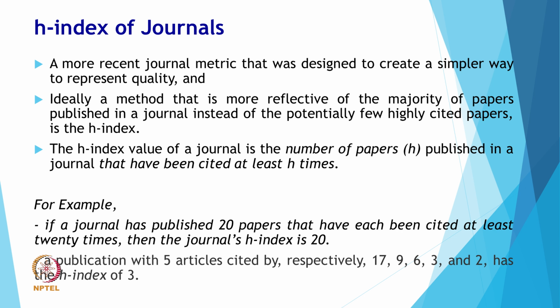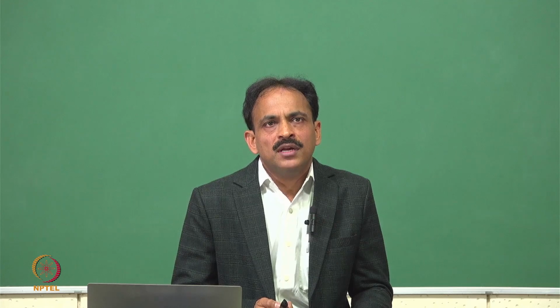For example, if a journal has published 20 papers that have each been cited at least 20 times, then the journal's H-index is 20. Similarly, a publication with 5 articles cited by 17, 9, 6, 3 and 2 respectively has an H-index of 3, because 3 articles have received at least 3 citations. So this is how the H-index of a journal can be calculated. Now, what is the H5 index?